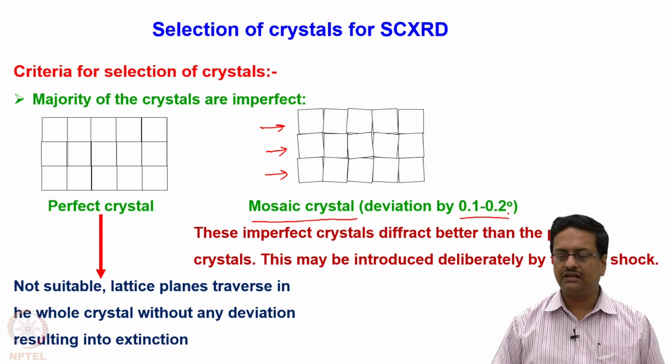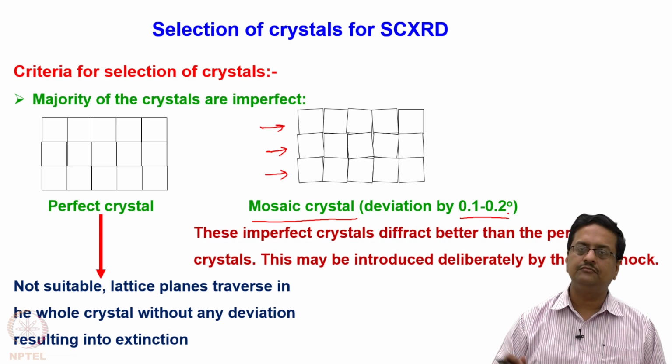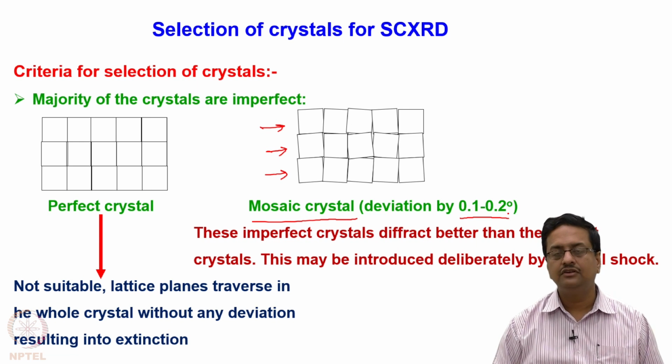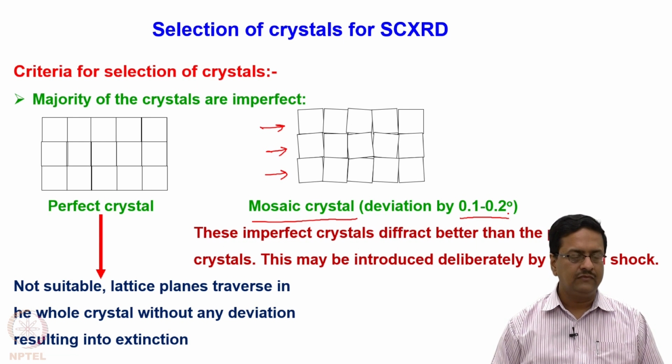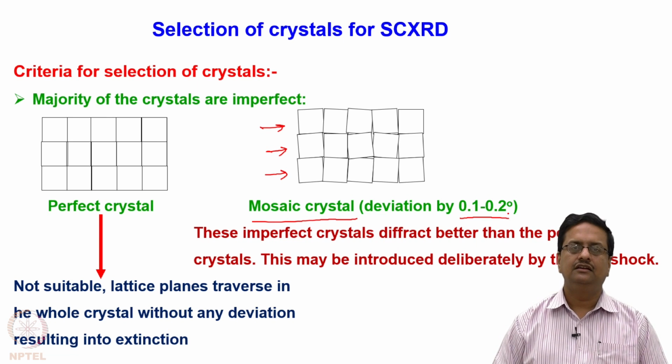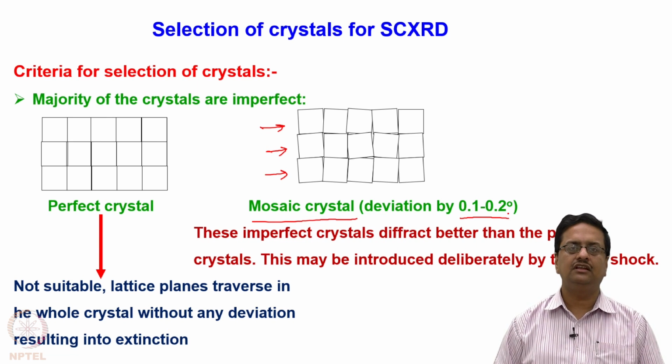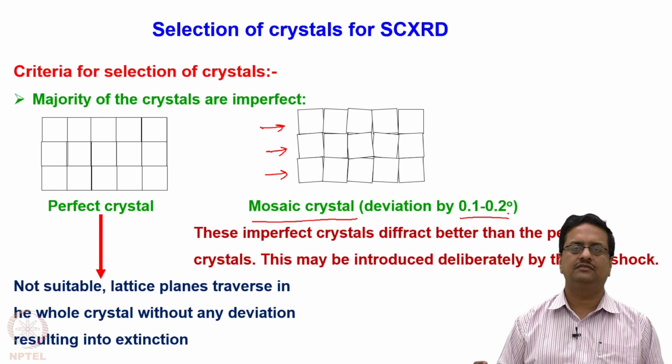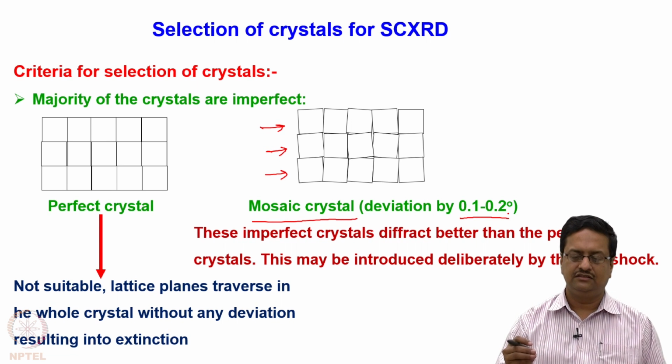So these imperfect crystals diffract better than the perfect crystals, and this imperfection can be introduced by a thermal shock. So if we take a crystal and then suddenly dip it in liquid nitrogen, reduce the temperature from room temperature to low temperature very suddenly, and then bring it back to room temperature, you may introduce these imperfections in that.